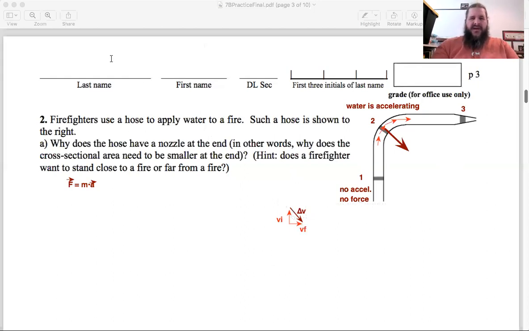And then the acceleration is just delta V over delta T. Then multiply both sides by mass, and you get force. So the force is going to be in the same direction as the change in velocity. In other words, in this case, down and to the right.